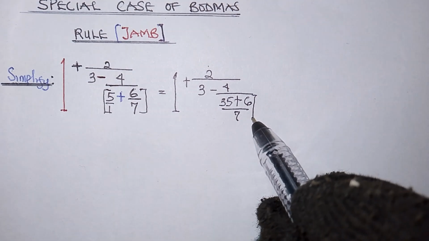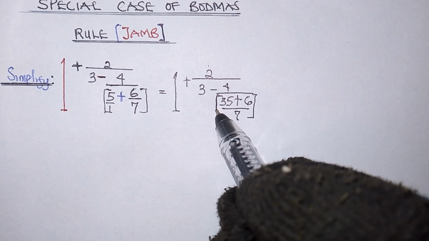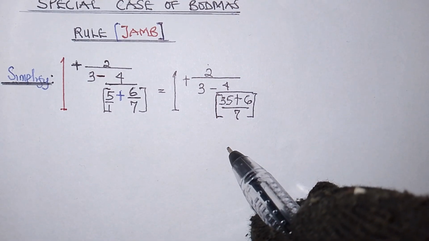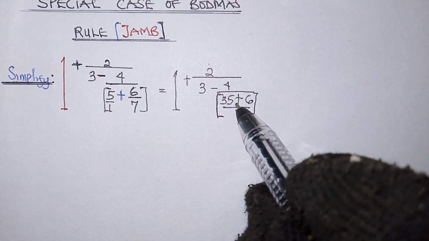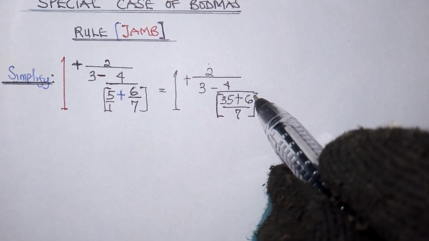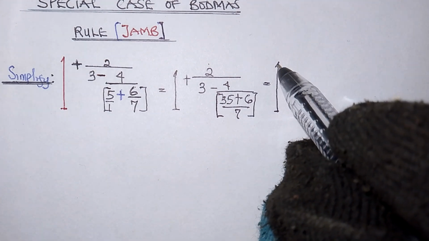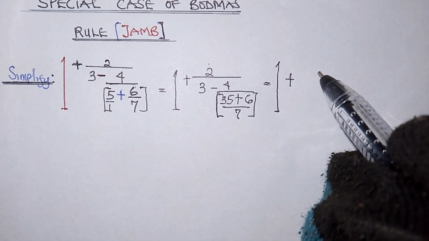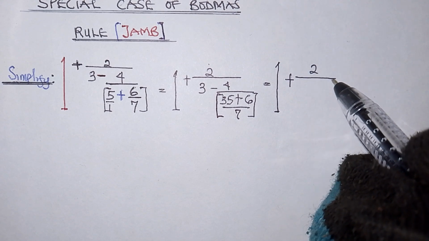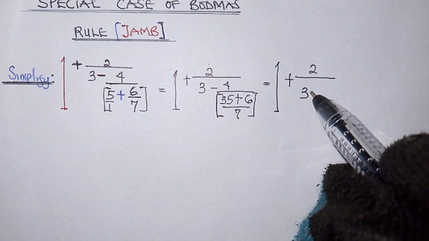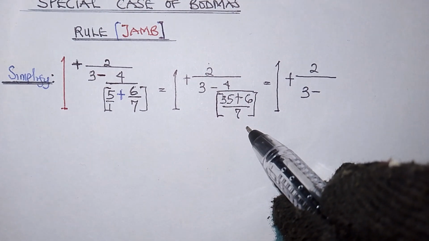So take note, we always put the ones we've just simplified in a bracket. Since we have simplified this, what we are left with now is one whole number added to the fraction of 2 all over 3 minus, so here 35 plus 6 becomes 41.